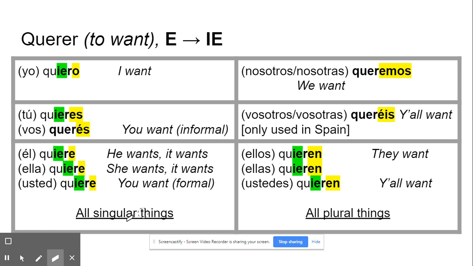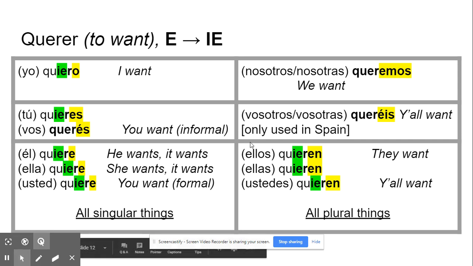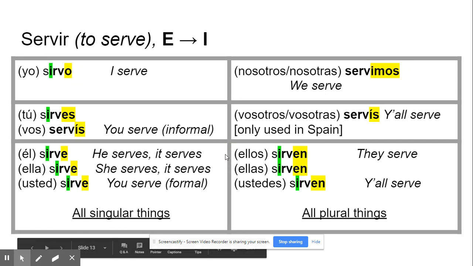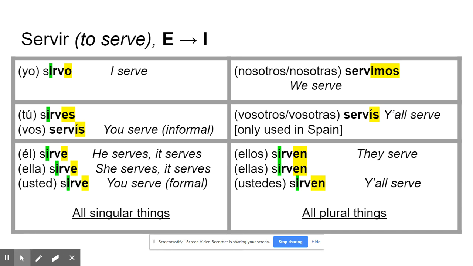Then the last one that I want to show you guys is the verb servir. Servir is an example of E to I stem change. Servir means to serve. Maybe you learned this one last year as well, but perhaps this is a new verb for you.